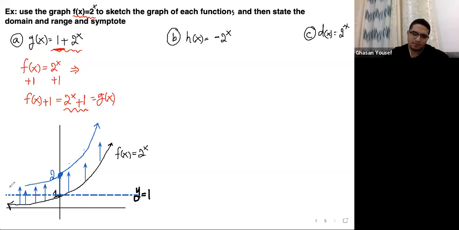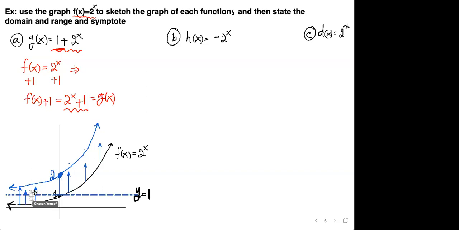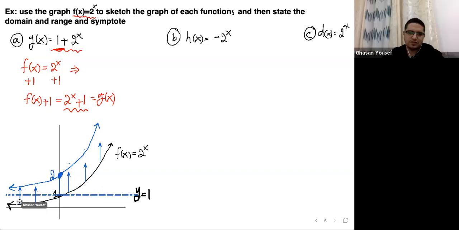And the same thing for this side. The curve, the blue curve, will be close to the asymptote, but it will not touch it at all. So here is the curve.